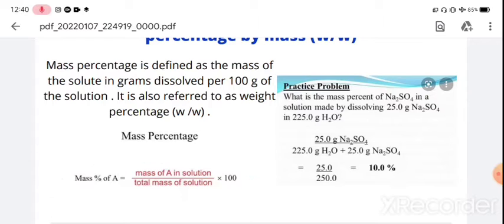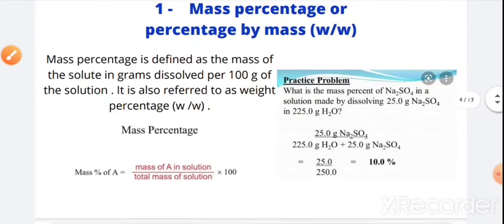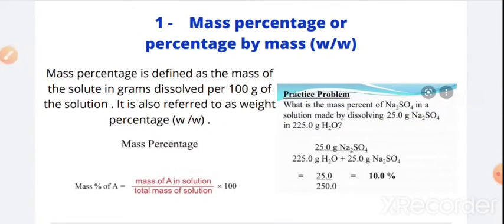So let's do this practice problem. What is the mass percent of Na2SO4 in a solution made by dissolving 25 gram of Na2SO4 in 225 gram of water, the aqueous solution? Over here Na2SO4 is the solute and H2O is the solvent.